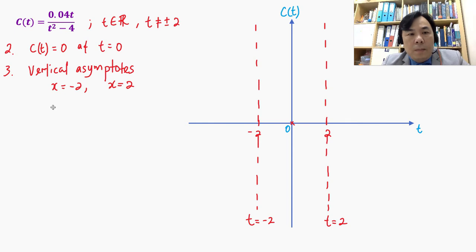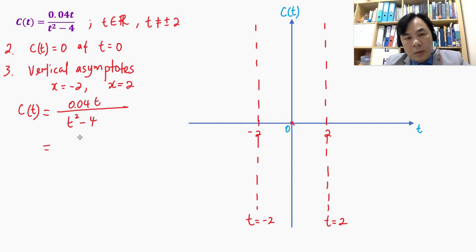Okay. Now, how do we actually work it out if you are not sure which case you are looking at? We can always say that C(t) is given by 0.04t over t squared minus 4 here. You can divide the numerator and denominator by t squared. So therefore we have 0.04 over t, and then that is 1 minus 4 divided by t squared.